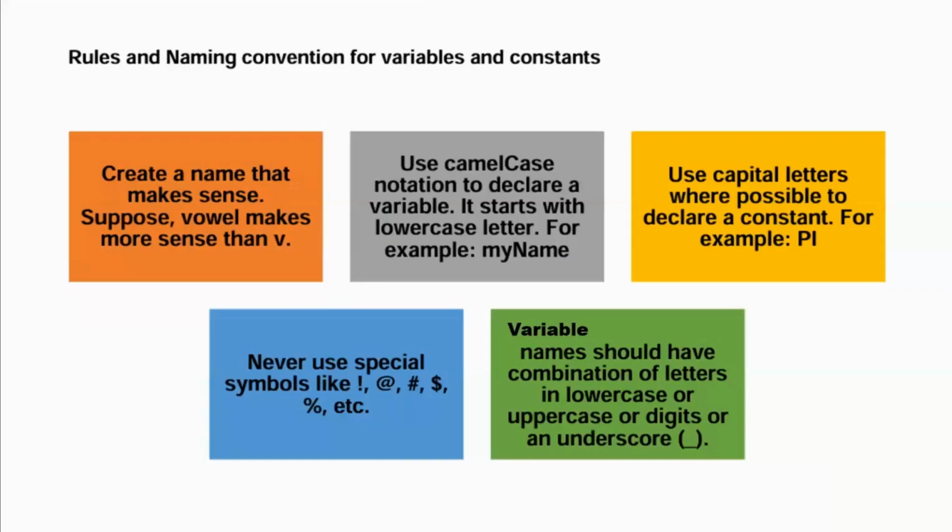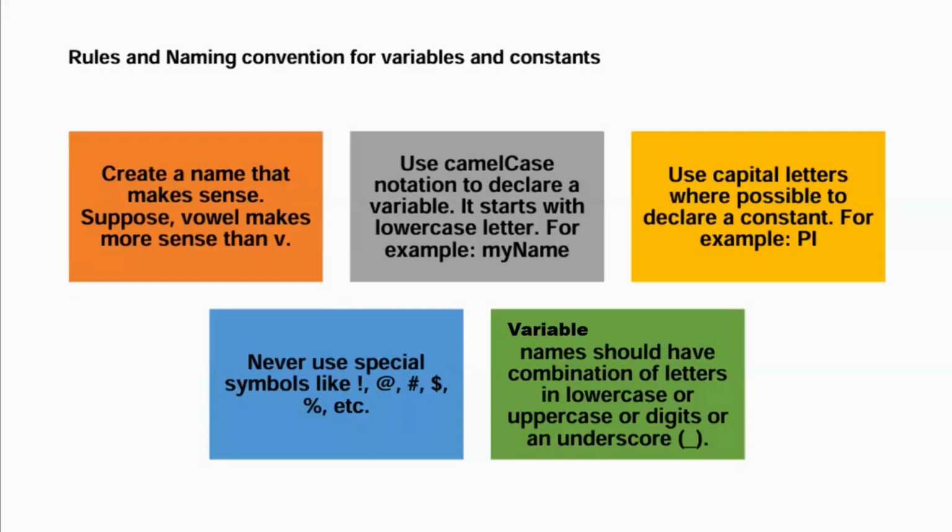So temp says that it can be a temporary variable or it can hold temperature. So we can make it more sensible. Temp can be used as a variable holding a value as a temperature, or temp can be any temporary variable which we have created for some transaction purpose, right? But if we keep T as the variable name, T as an identifier, will it make sense? T refers to what? It is not sensible.